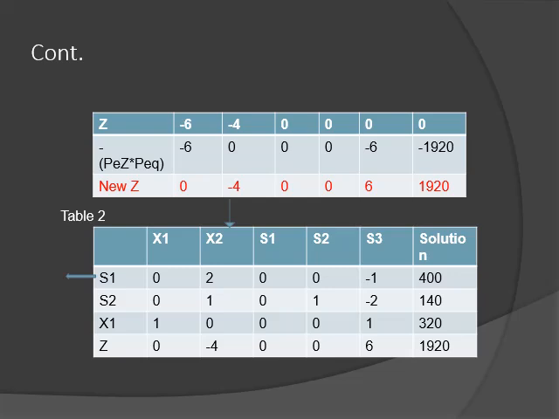Now let's repeat the same steps in order to determine the new entering variable and the new exiting variable. Using the same tools, now x2 is the entering variable and s1 is the exiting variable.